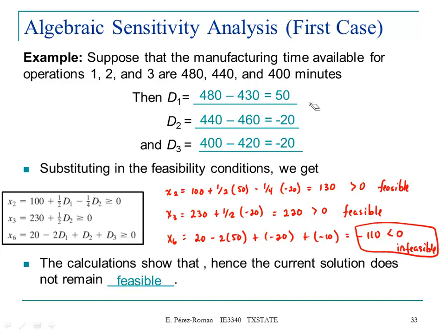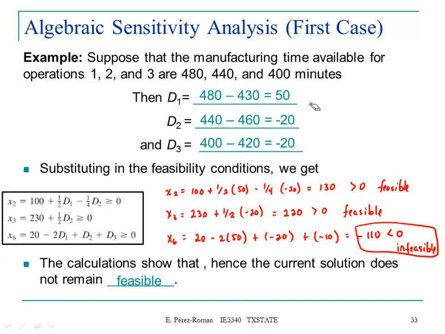What the calculations are showing is that if you increase or decrease the capacities by those amounts, your solution is no longer the same, it's not feasible. That's why you need to find the ranges you can use to increase and decrease your capacities. If you do it without taking into account those feasibility ranges, you might end up with an infeasible solution.